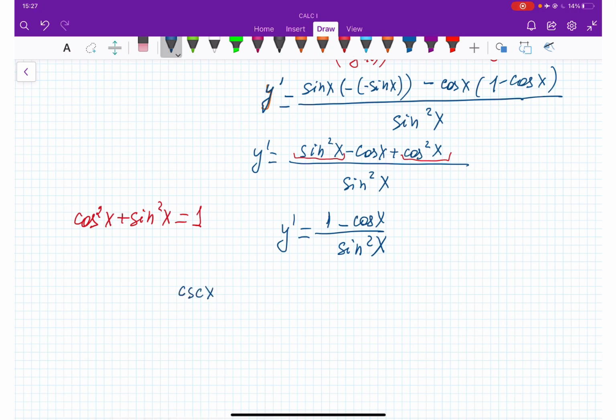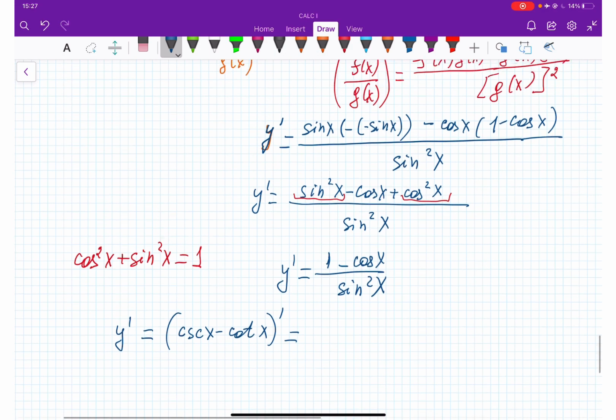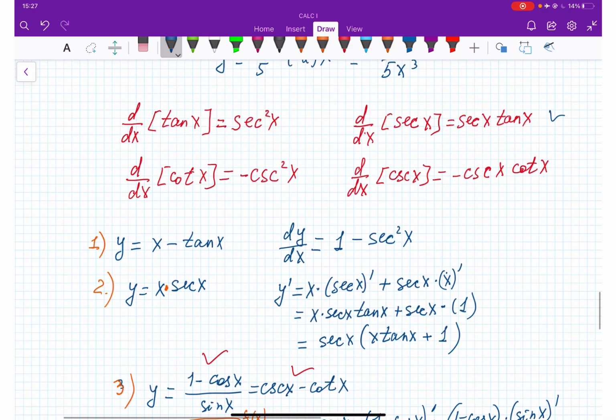Cosecant x minus cotangent x, prime. So y prime is equal to the derivative of cosecant x minus cotangent x. So what do we have? The derivative of cosecant x, if we open this formula here, is negative cosecant times cotangent, right?